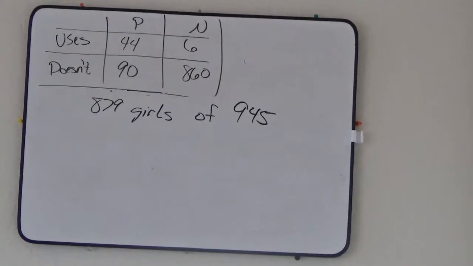Hopefully that makes a little bit of sense. We found out that there's a 0 probability of this occurring, and then applying that to actual results, there being 0 probability of 879 girls being born out of 945, we can assume the hypothesis of gender selection working to be true, okay?